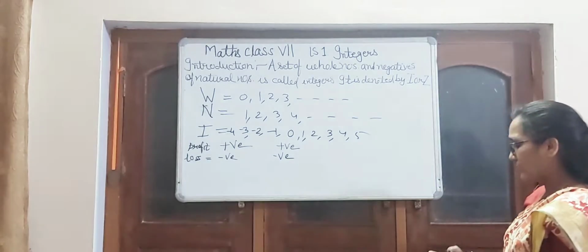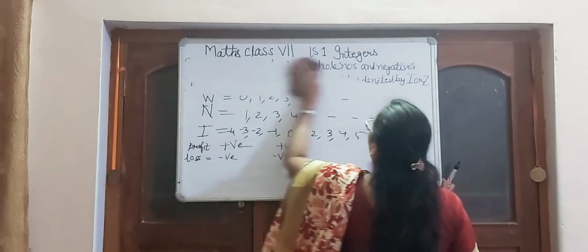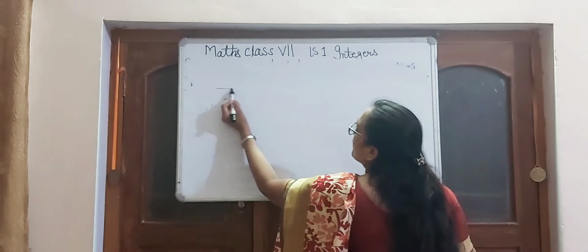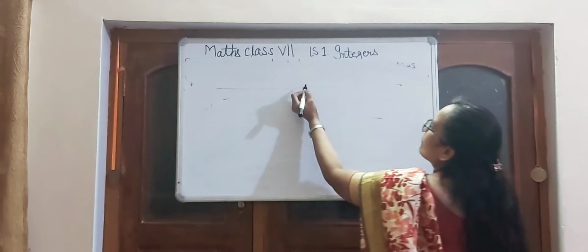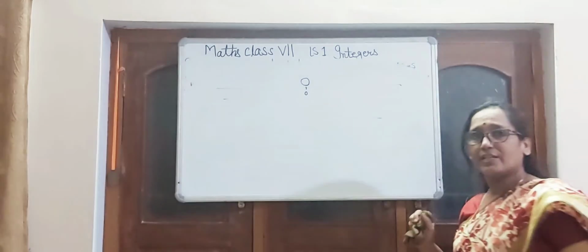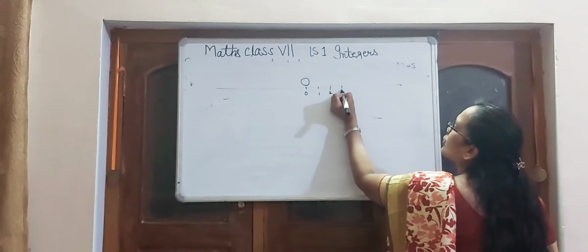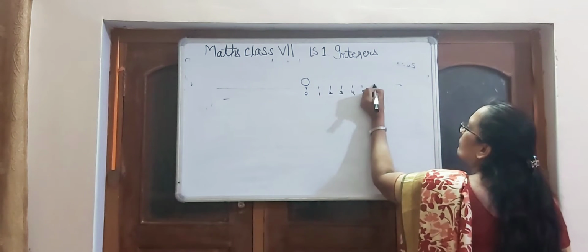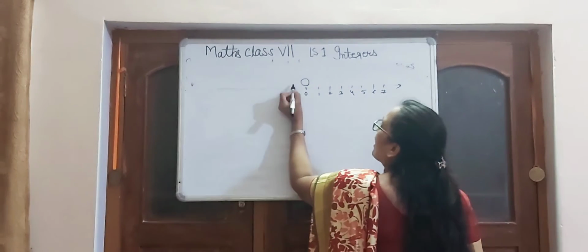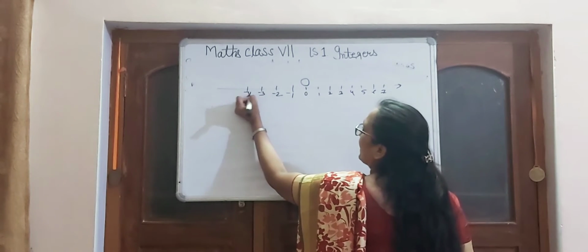Now, students, how do we draw integers on a number line? We first draw a number line with a point O. On that point O we write 0, and on the right side of 0 we write the positive integers, and on the left side of 0 we write the negative integers.